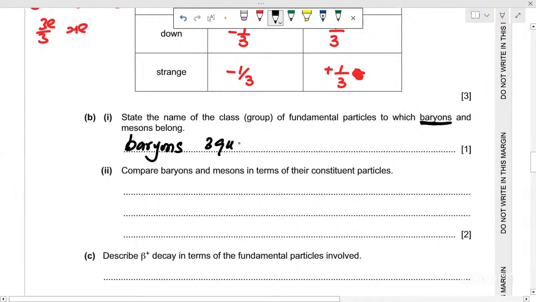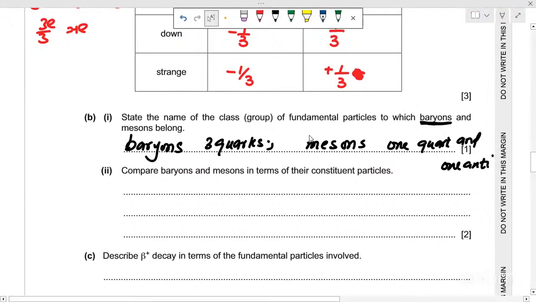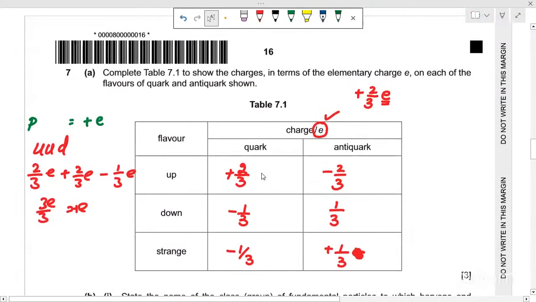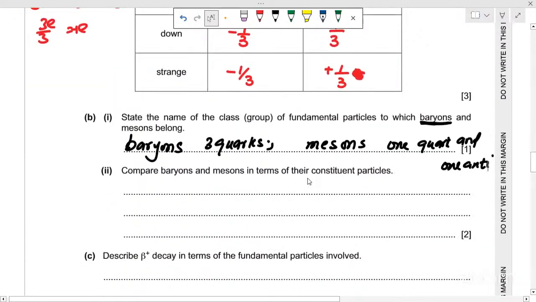You will write this in a sentence. If you have to mention an example of baryon, you should write proton, because proton is composed of three quarks. Neutron is also a baryon.